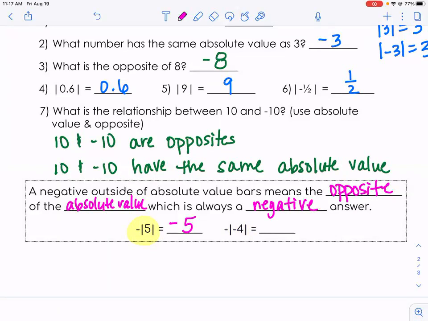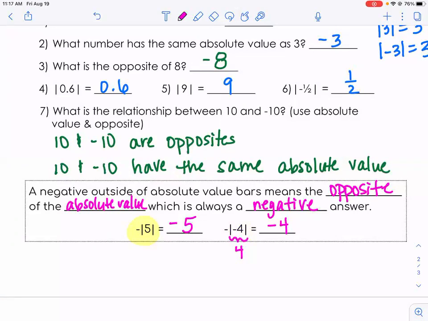Over here, we know that the absolute value of negative 4 is 4. So this right here is 4, but there's a negative on the outside, so we have -4.